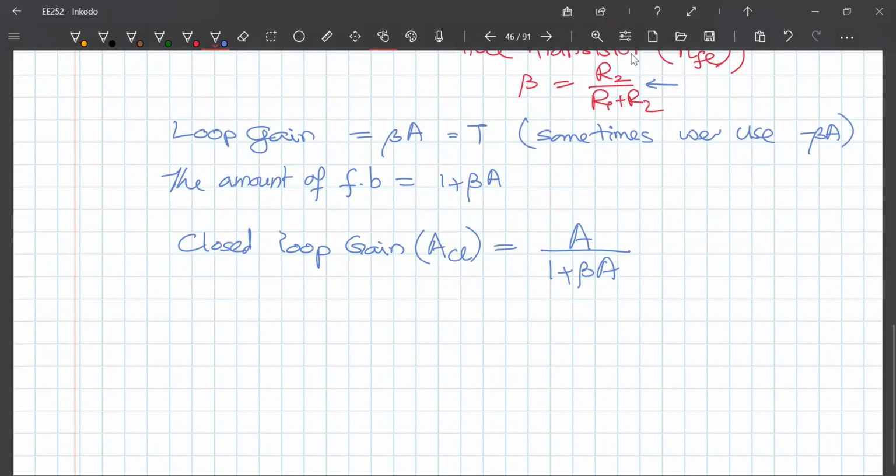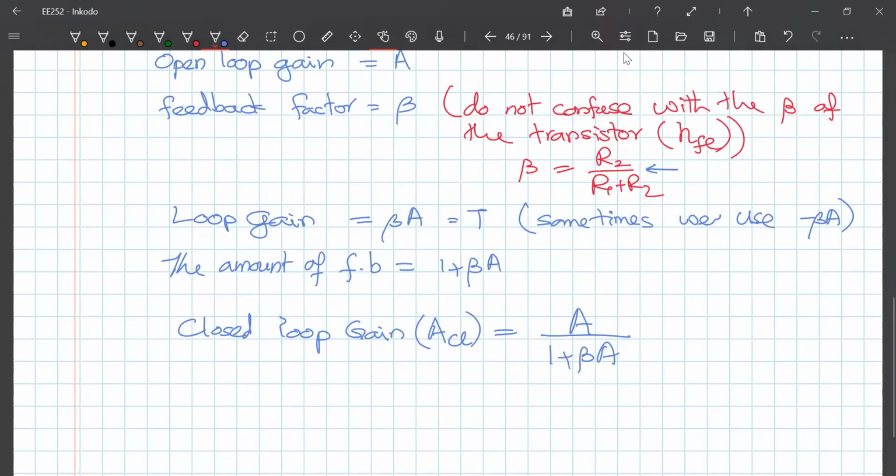But if you apply negative feedback beta, we will see later that since A is large, we can make this independent of A. All we care about is that A should be large. Then we can show that this closed loop gain will be roughly equal to 1 over beta. If I divide top and bottom by A, this will be 1 over (1 over A plus beta). So 1 over A is very small.